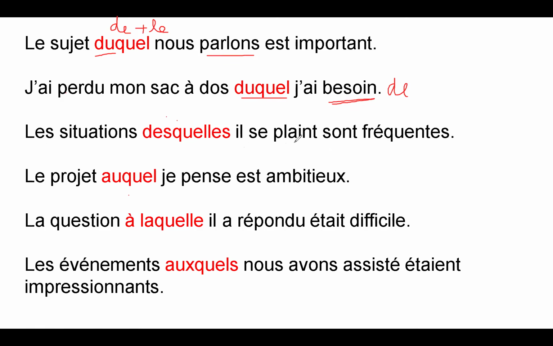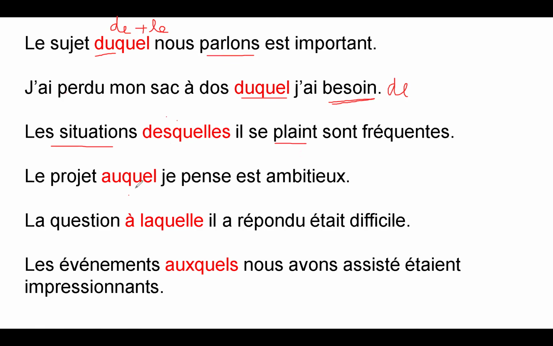Here we are talking about the verb se plaindre, which is always followed by de, and here we use desquelles because les situations are feminine plural. So de plus les get combined as des, and quelles, feminine plural, of which.